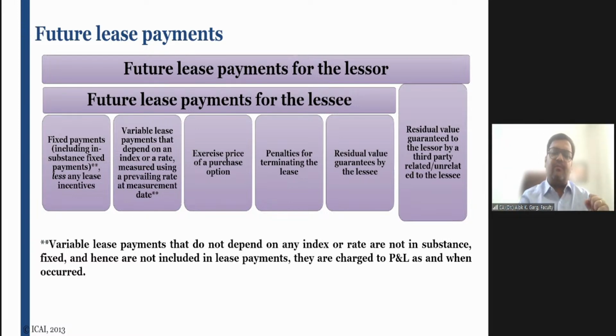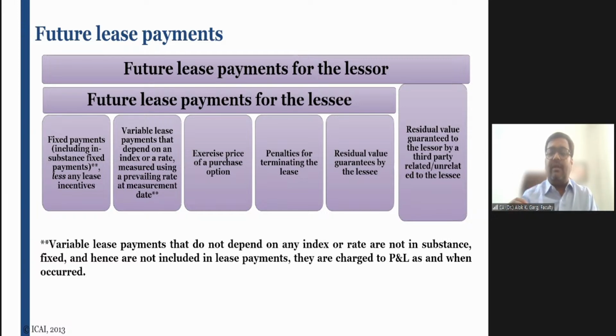Or in some cases, there is a lease contract between the lessor and the lessee, in a factory kind of agreement, where the lessor says that I will charge 1 lakh rupees as a fixed rental, plus whatever revenue you earn, you have to pay me 2% of that revenue as rental. So 1 lakh rupees is a fixed rental, which has to be paid every year.